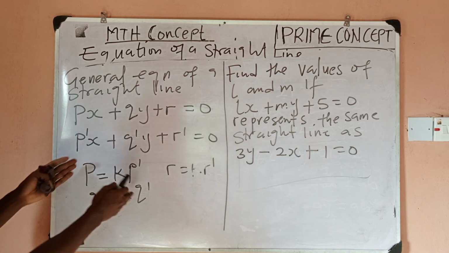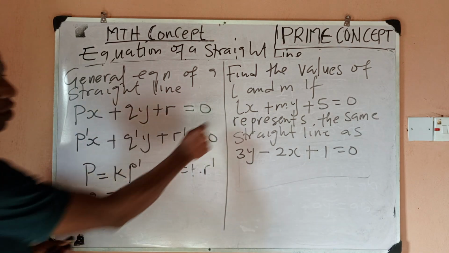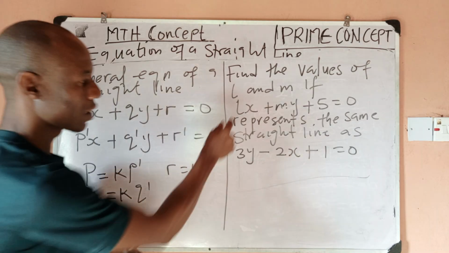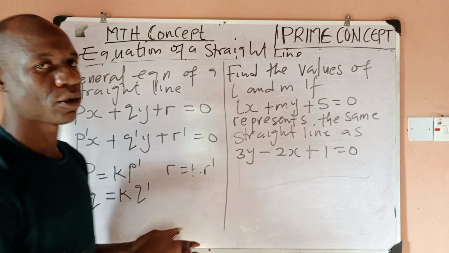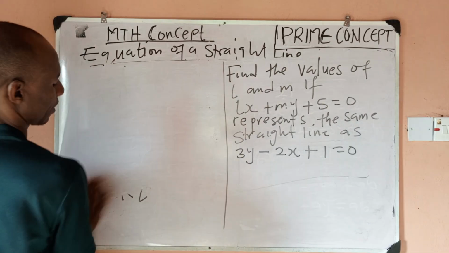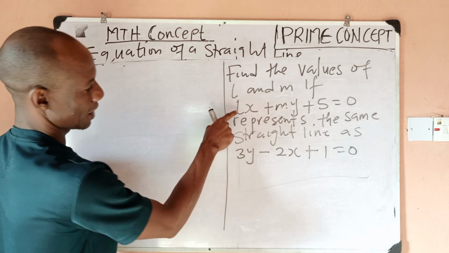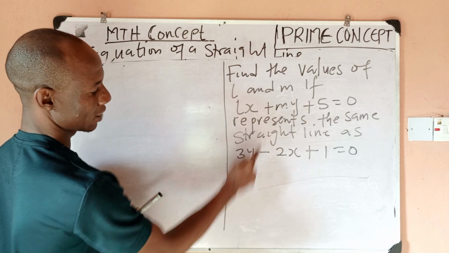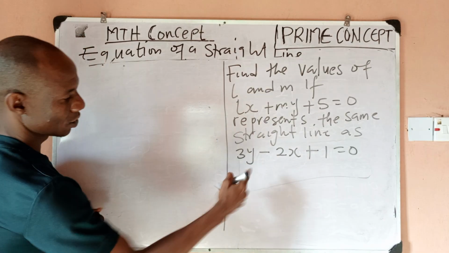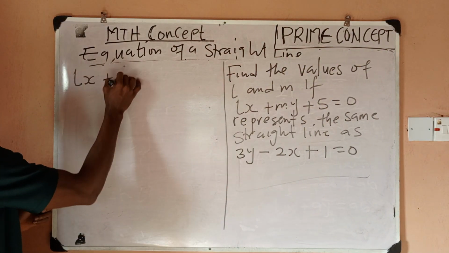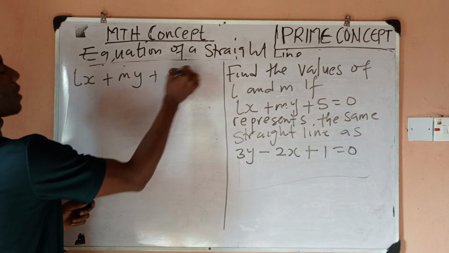Using this idea, if you have two equations representing the same straight line, then their coefficients would be proportional. So remember, this is Lx, so you have to rearrange. The first equation is Lx plus My plus 5 equals 0.